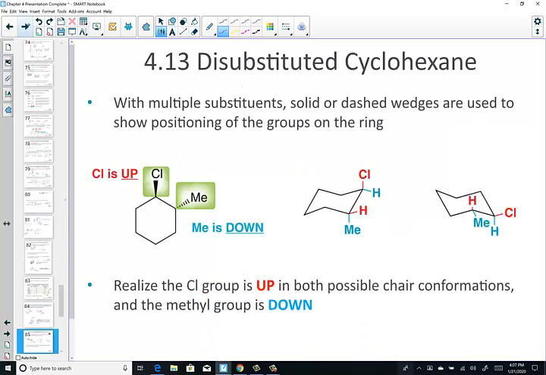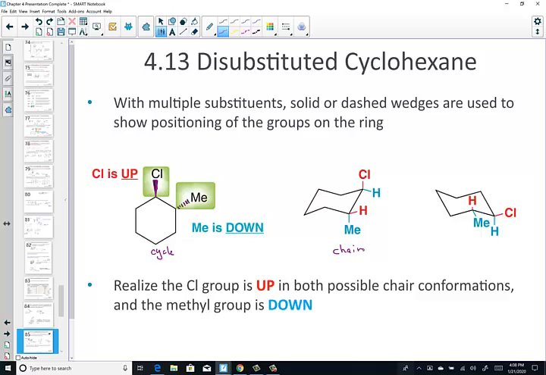Well, let's consider what type of interactions occur with disubstituted cyclohexanes. With multiple substituents, we have to rely on solid or dashed wedges to indicate which position is going to be favored. Is it pointing up or pointing down? Notice that if you see a wedge, we call that pointing up, and if you see it represented as a dash, you'll see it pointing down. And you're going to be asked to go from this cyclic structure into the chair conformation and be able to draw the accurate configuration.